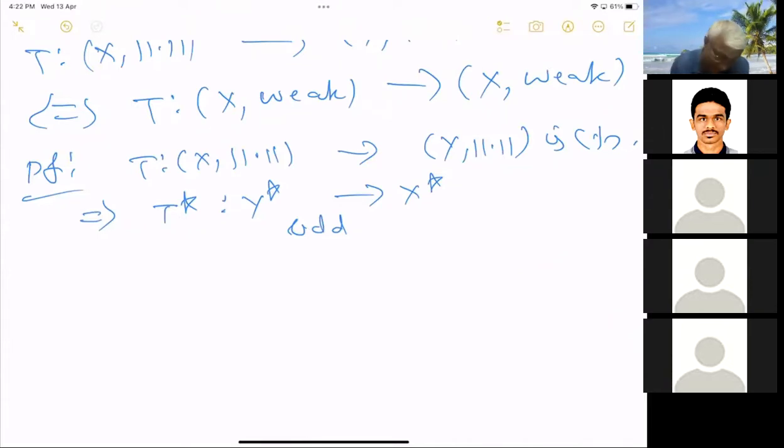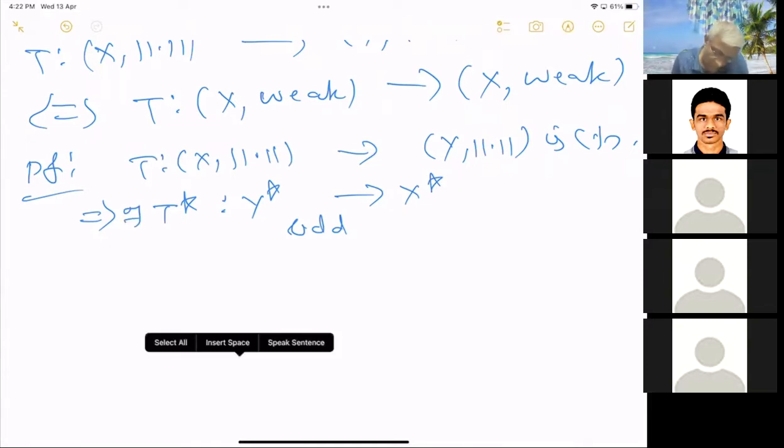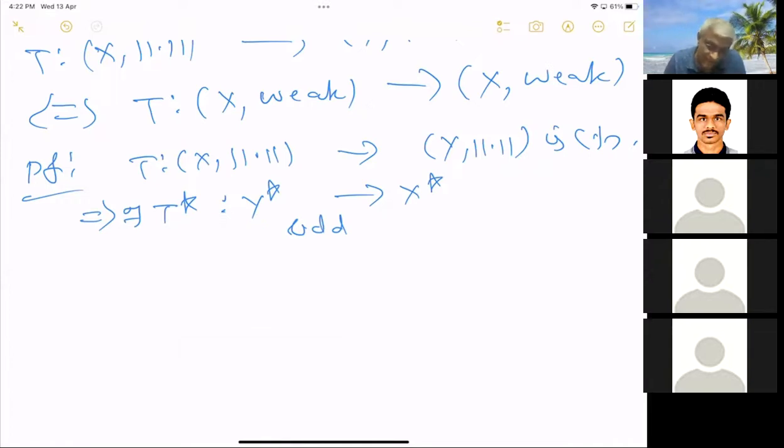So there exists a T star, a bounded linear operator from Y star to X star. Now, what do I have to prove? I want to prove that this map is weakly continuous. So suppose we have some net, but this is exactly like a sequence.